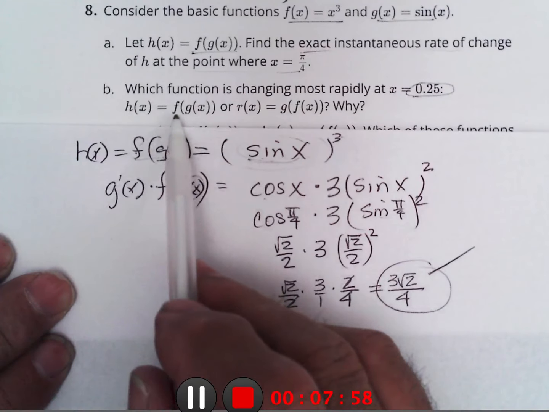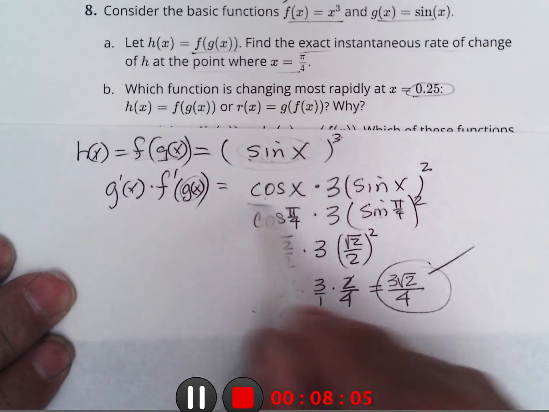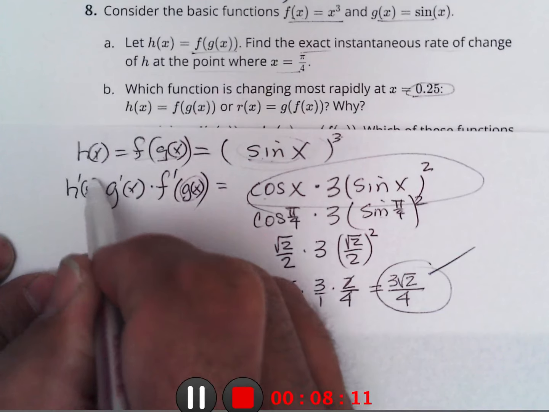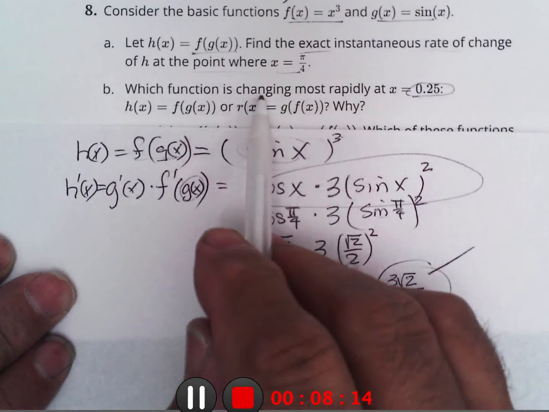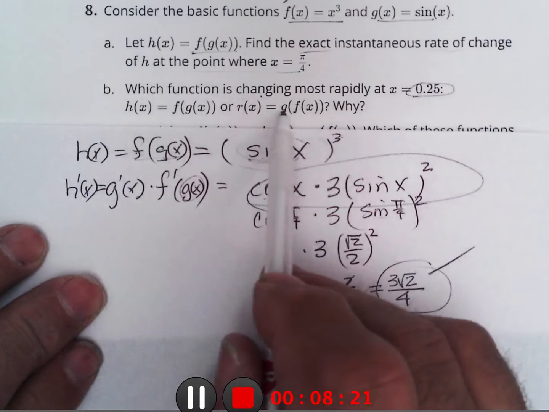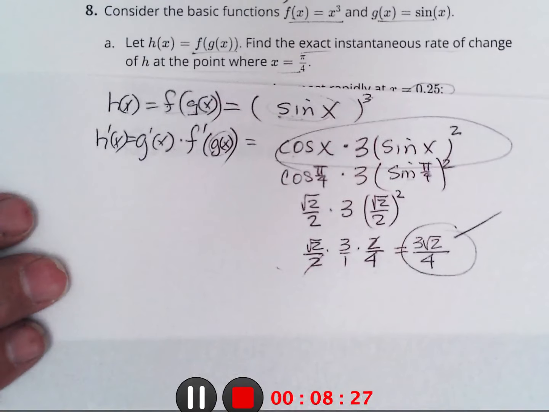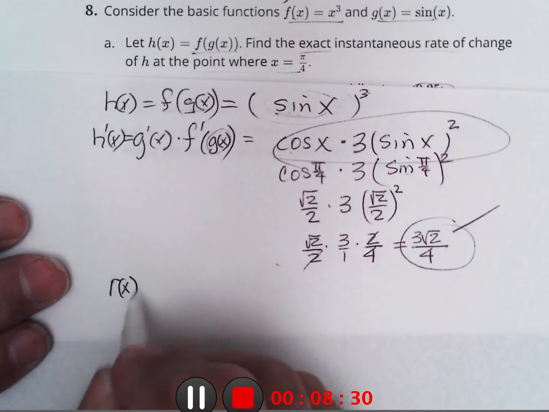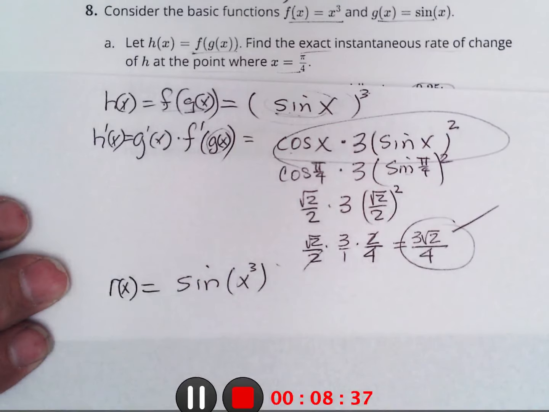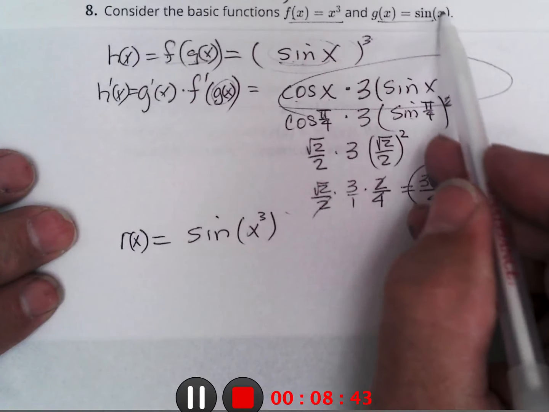F of g of x, which we just figured out was this, h prime of x is that, and the prime tells us how fast it's changing, what the slope is, and then we've got it reversed, r of x, so we're going to have to do r of x, which is going to be in the sine function is the x cubed function, because it's g of f, and so this is put in for the x.